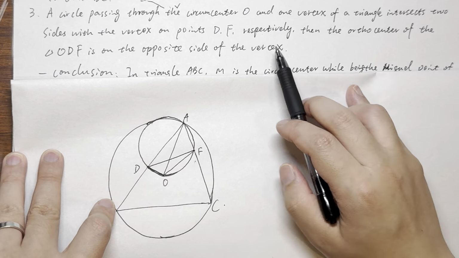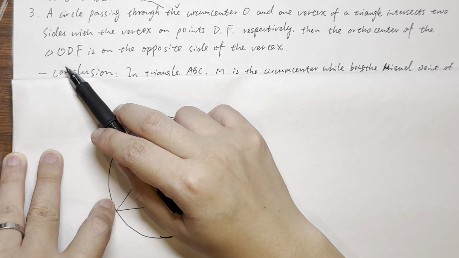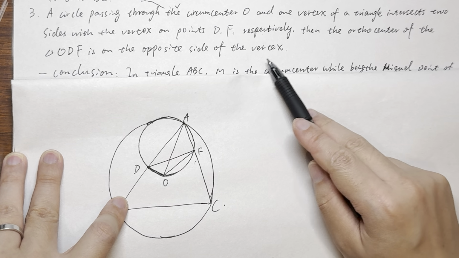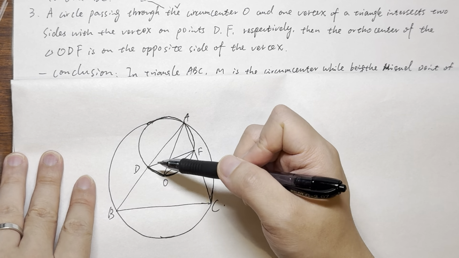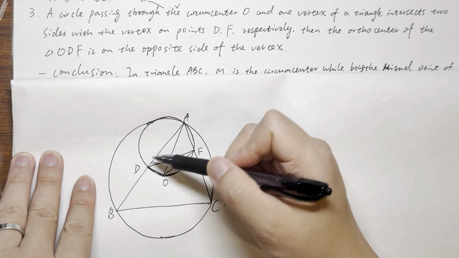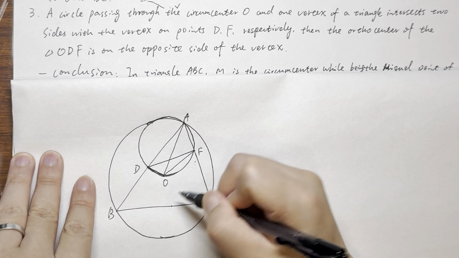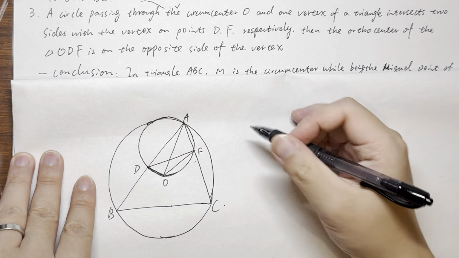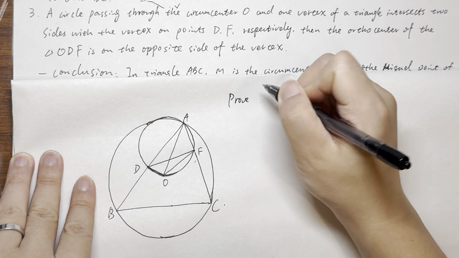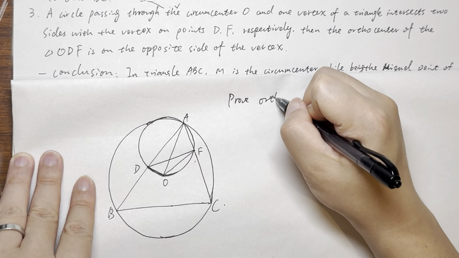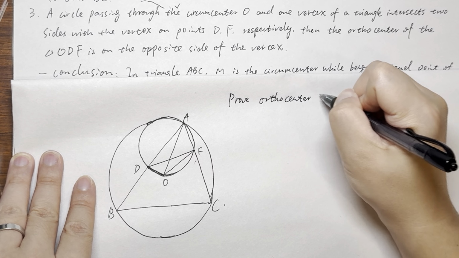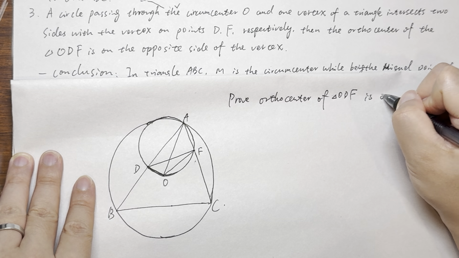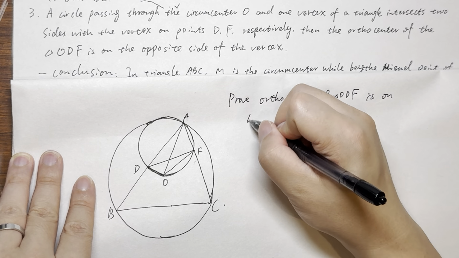It's saying we want to prove that the orthocenter of the triangle ODF is on the opposite side of the vertex, which means we want to prove that the orthocenter of triangle ODF is on BC. Right. Prove the orthocenter of triangle ODF is on BC.